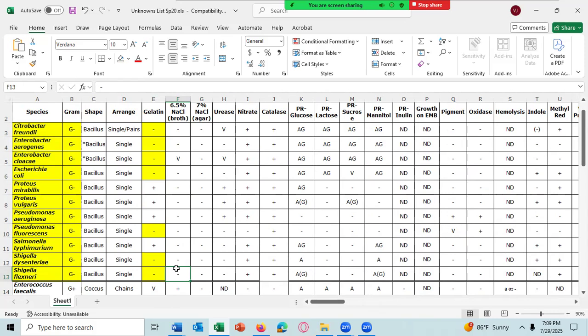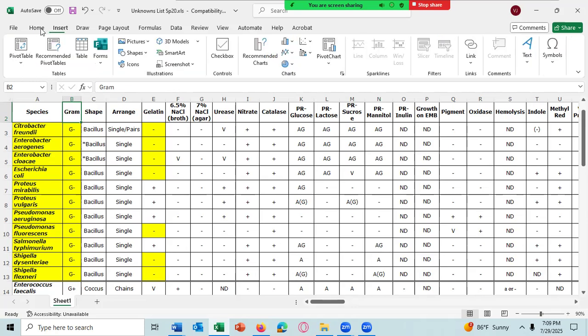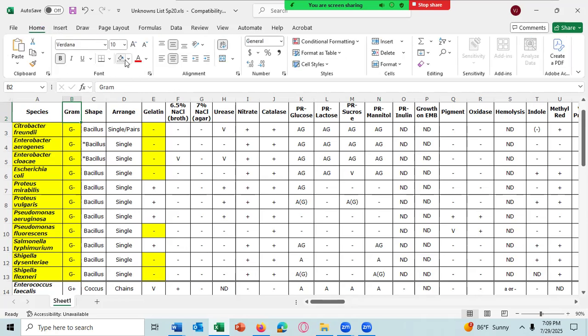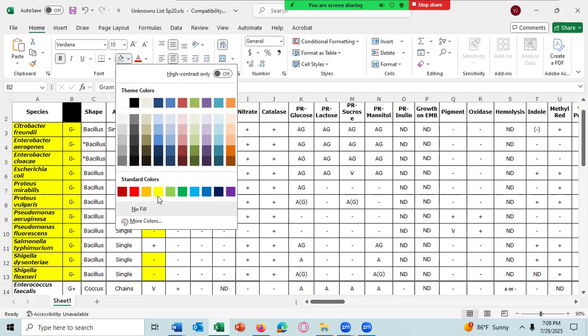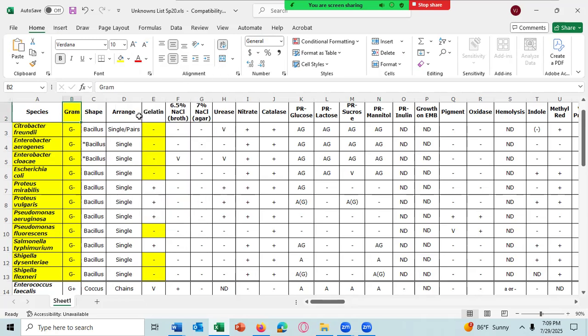And if I give you a third test, it'll probably be PR lactose. So gram stain, gelatin hydrolysis, and then if I give you a third, I'm not sure I'll give this to you, but I probably will, because this is the summer.